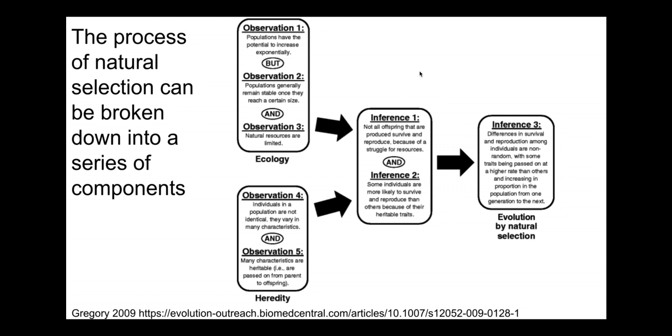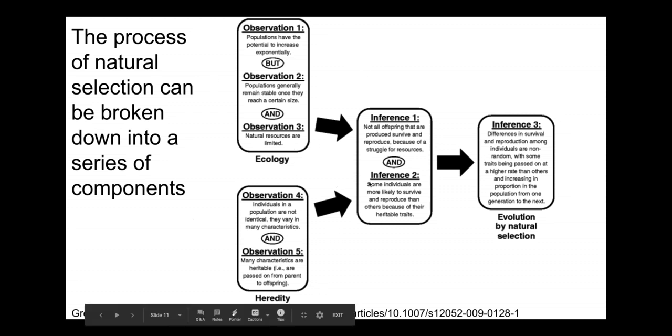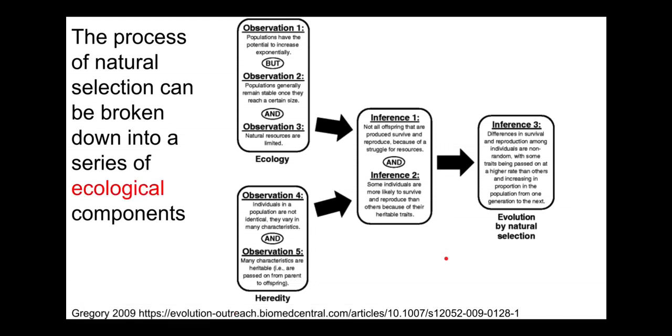This is from Gregory 2009. Highly recommend reading this article. Gregory made this picture, which shows a number of observations here. They feed into a logical step, some inferences made, and then a final inference about the operation of natural selection.